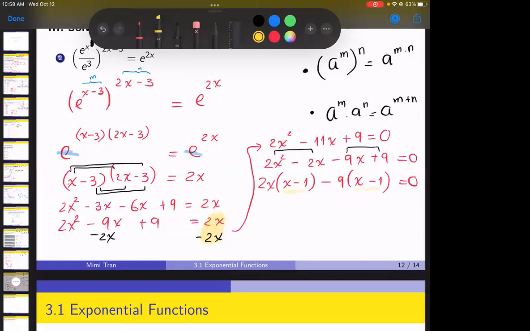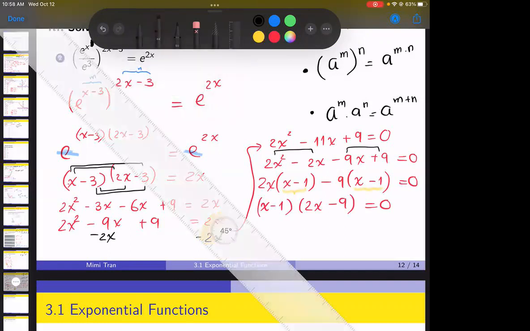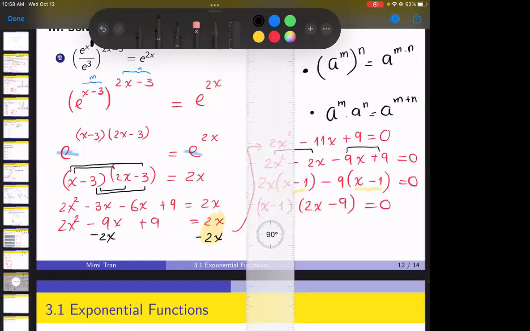Yeah, you have a common factor again. So factor out x minus 1. And then what's left is 2x minus 9. Or 2x minus 9 times x minus 1 is the same thing. This implies what?